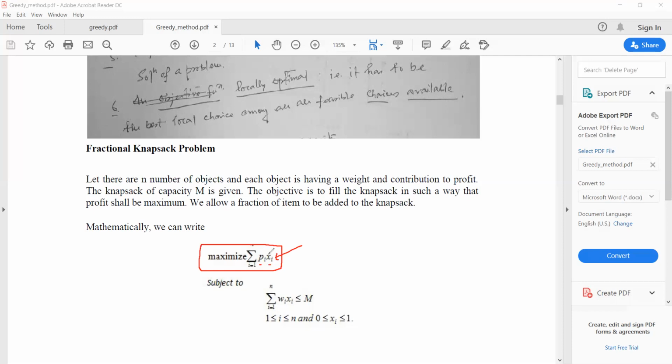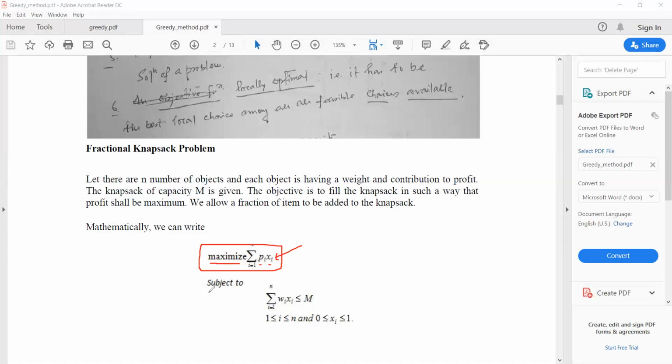Profit is basically earned from a unit amount of weight. When we take the product of profit with weight, we get the actual total profit, and we maximize the summation over all selected i's. That is the feasible solution.